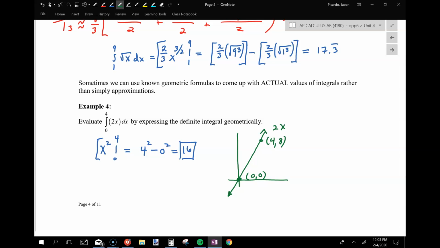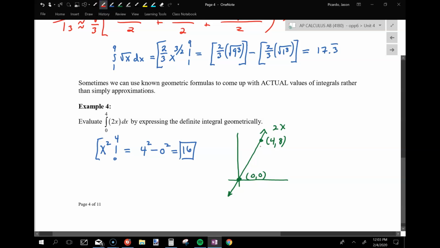Would we all agree that that would have to be the equation y equals 2x? So what am I asking you for? I'm asking you for the area under the curve, which is what? A triangle with a height of 8 and a width of 4. How do you find the area of a triangle?